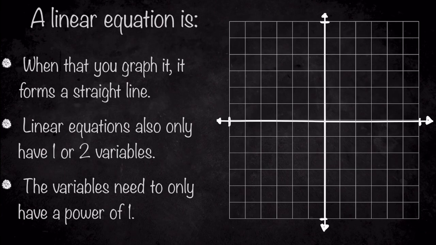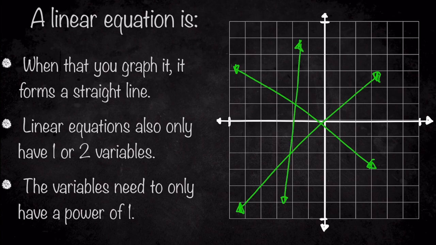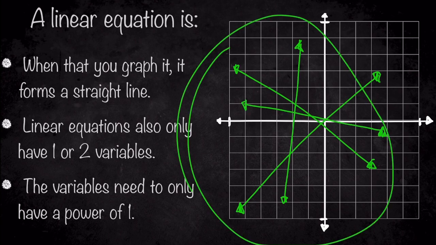A linear equation is one that, when you graph it, forms a straight line. So for example, this line could be a linear equation. This line could be a linear equation. So could this line, and this line. These lines are all linear equations because they are straight.